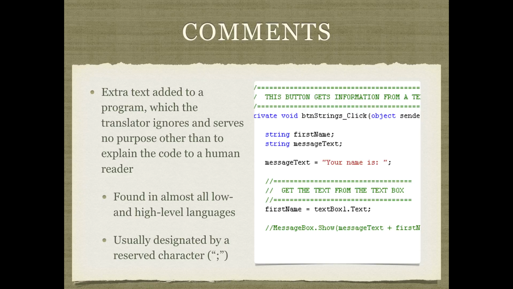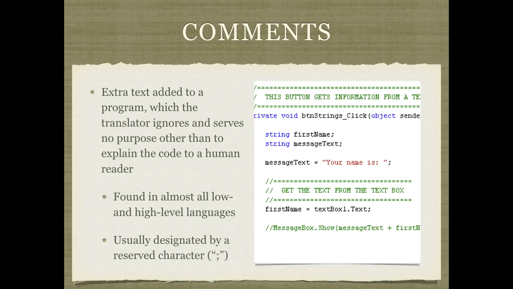It's just extra information that a programmer can add to a code file that provides additional insight, makes the code more readable, allows you to get rid of certain lines to not have them executed. But basically it just means that the compiler is going to ignore whatever content comes after that reserved character.